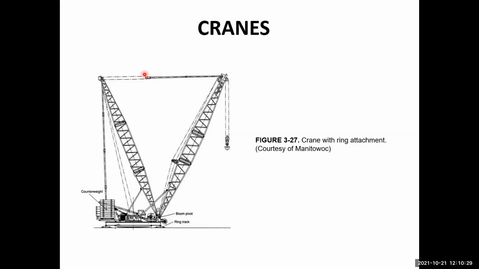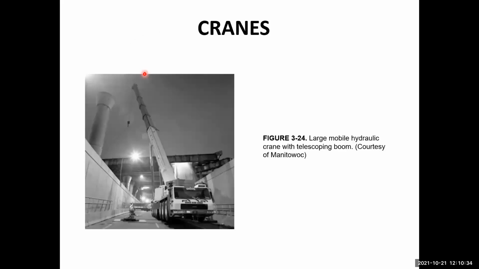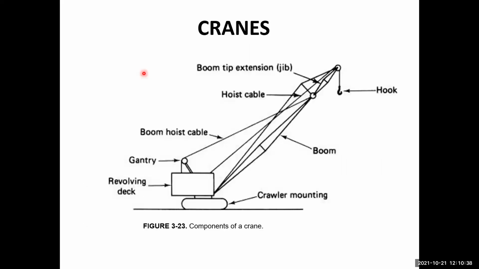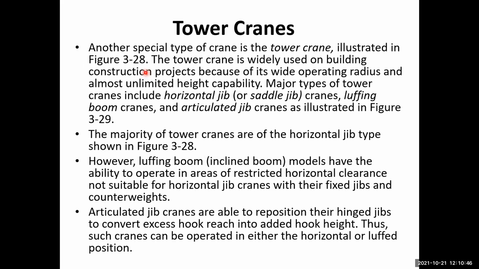So earlier, these cranes which we seen over here are called the mobile cranes, because they move from one location to the other locations, whereas the tower cranes remain on the top of the building. And then from there, these cranes control the operations.